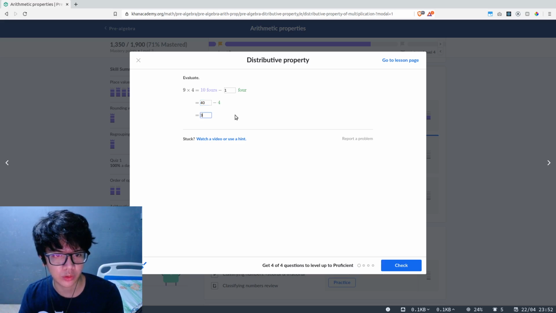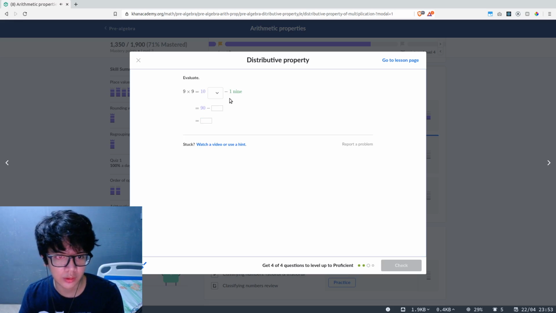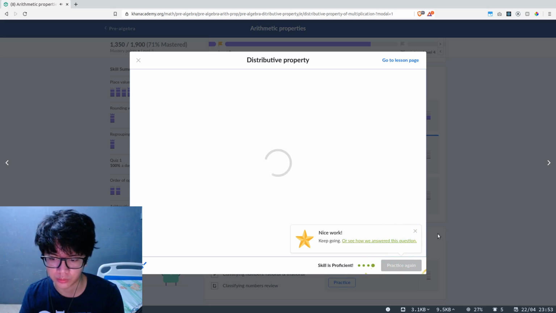And then minus 4 is 36. 4 times 6 and then 4 is 48. 9 times 10, 10 nines minus 1 nine. 81. 7 times 5 is 5 times 8 plus 2 times 8 and 16. Please correct. Boom.